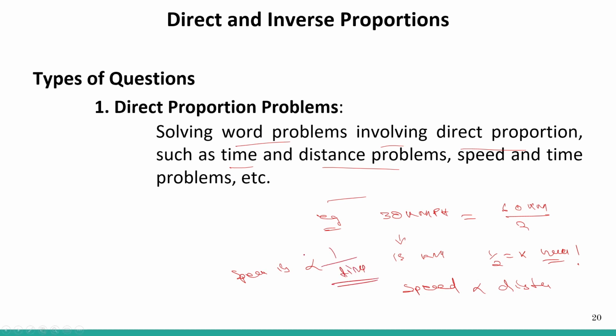As you can see, speed is equal to distance by time, so speed is directly proportional to distance and inversely proportional to time.